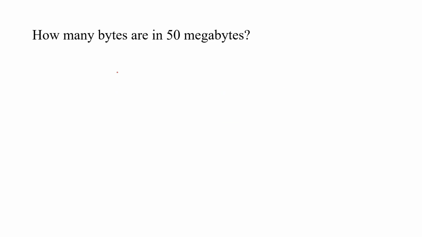For this one, it is fairly simple and easy. It's 50 megabytes, 1 megabyte is 10 to the 6 bytes, and that's the answer: 50 times 10 to the 6 bytes. Powers of 2, if you can remember, megabytes is 2 to the 20.